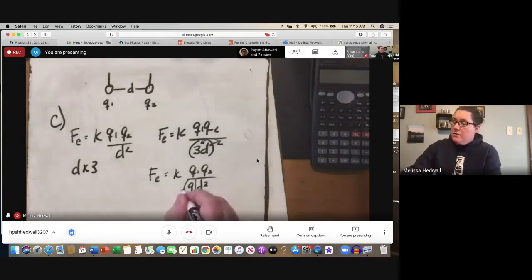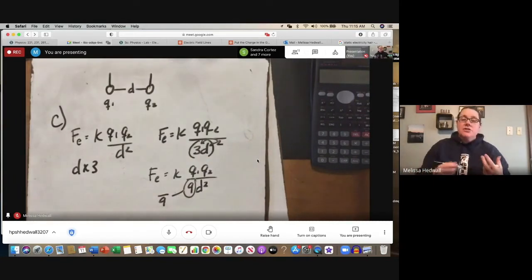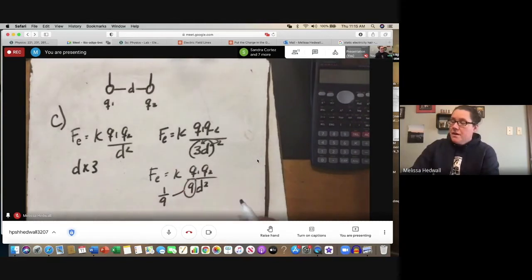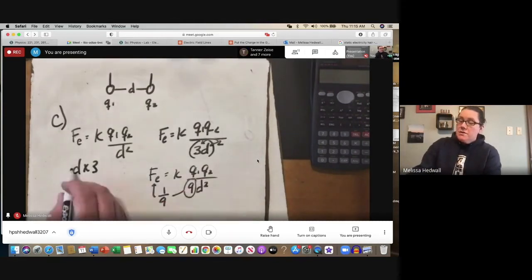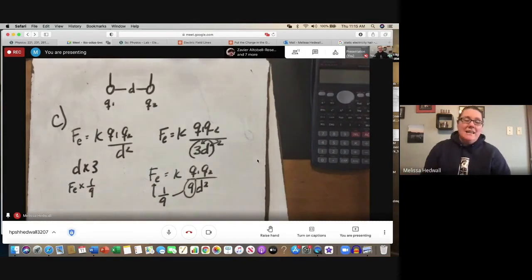So when we pull it out, we can't just say that it's 9, because it's on the bottom. It's on the bottom of what? It doesn't show anything, so it's just a 1. Whatever we can pull out also happens to the force. So if our distance triples, our force is times 1/9. It's a lot smaller just by tripling the distance. Any questions on that one? Also screenshot it, please.